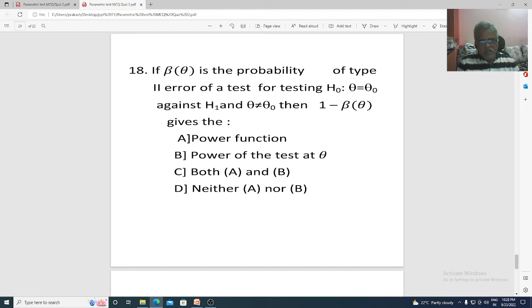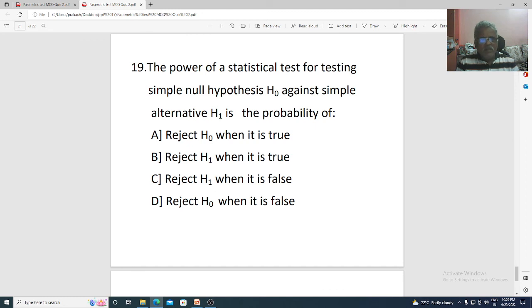If beta theta is a probability of type 2 error of a test for testing H0 theta equal to theta naught against H1 theta not equal to theta naught, then 1 minus beta theta gives option A, power function, B, power of the test at theta, C, both A and B, and D, neither A nor B. The correct option is B, power of the test at theta.